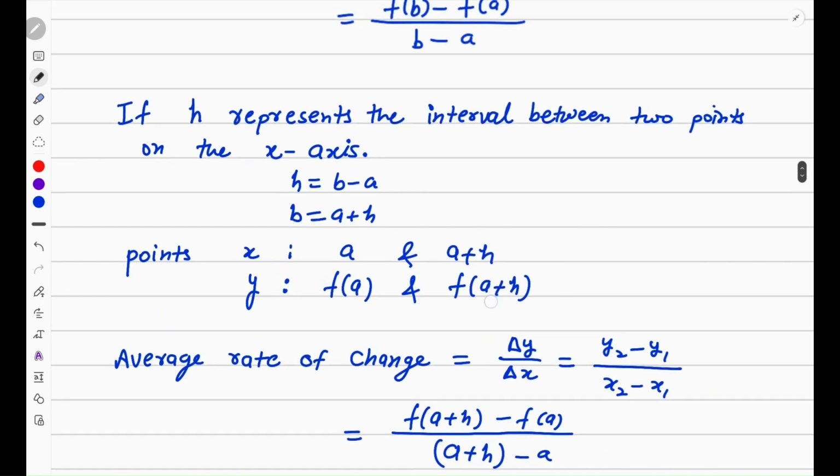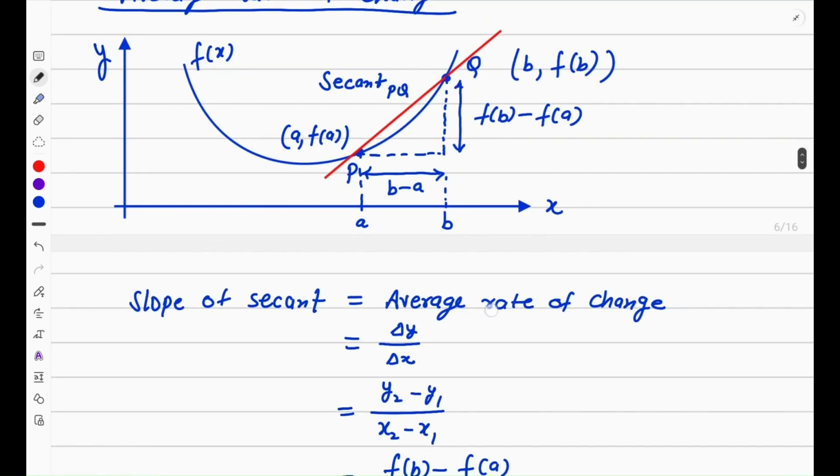how we can solve the equation using the average rate of change.